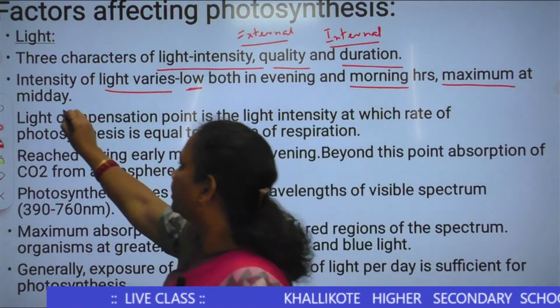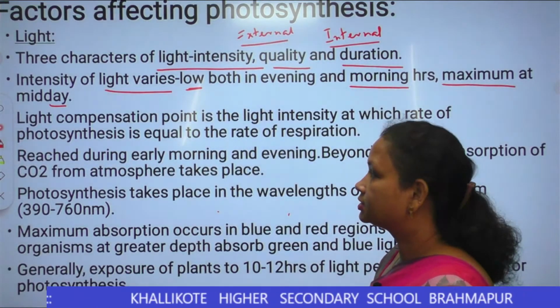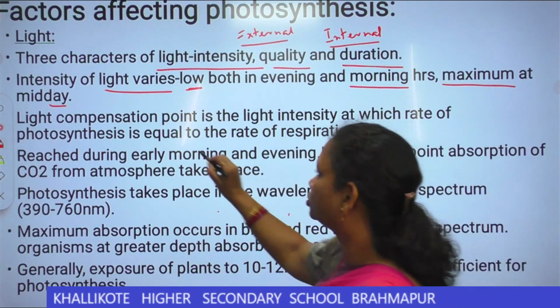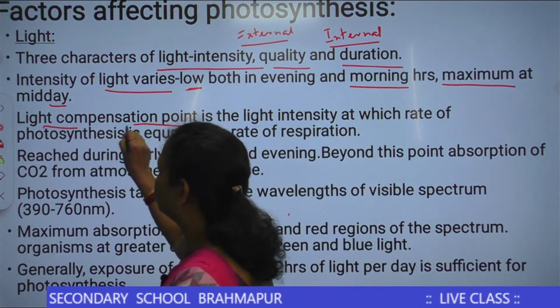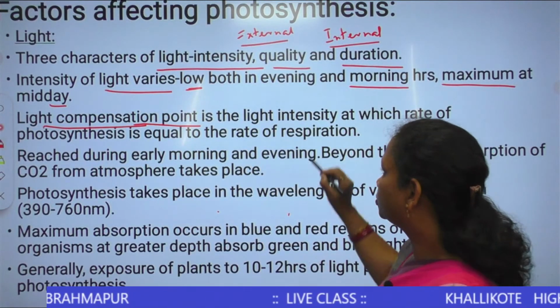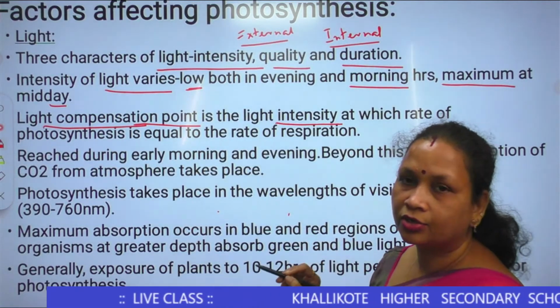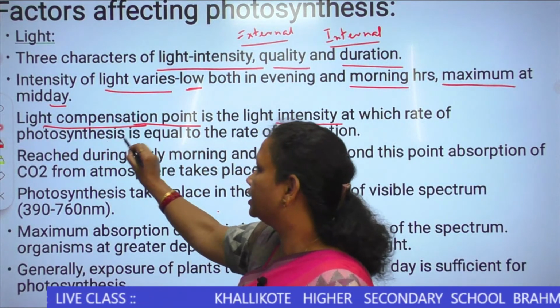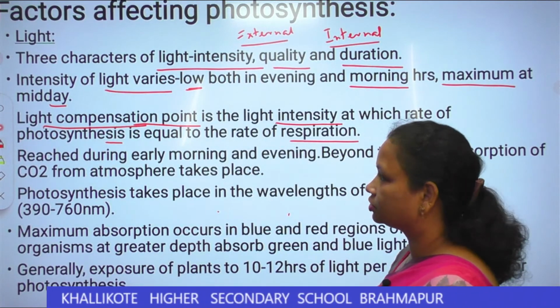Here there is a term called the light compensation point. What is the light compensation point? It is the light intensity at which the rate of photosynthesis is equal to the rate of respiration.